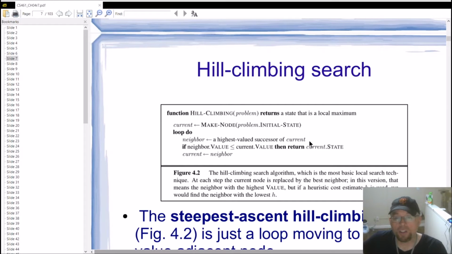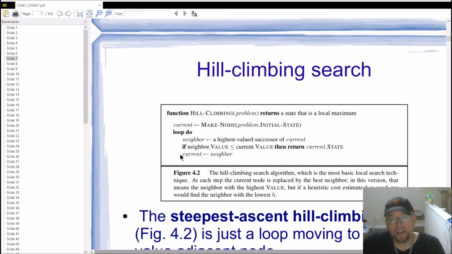So of all the child neighbors, and since this isn't a tree, the language doesn't line up all that much, but I'm using that term to hopefully give you some context. So all of your successors, all the nodes that can be generated based off of current, the highest valued one, the one that has the best score, is going to be what we call the neighbor, okay?